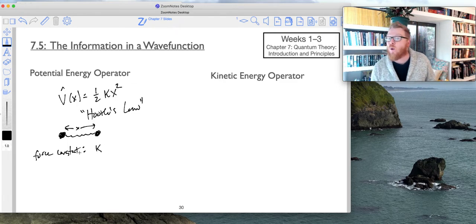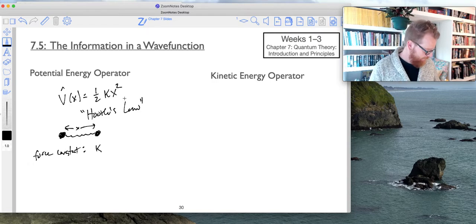So as it turns out, that 1/2 kx squared is a really nice potential energy operator to describe molecules and atoms. And we notice here in that operation, there are no derivatives. Granted, it's not a constant because there's the x squared, but it's still just multiplication through. There's no derivative analysis, okay?